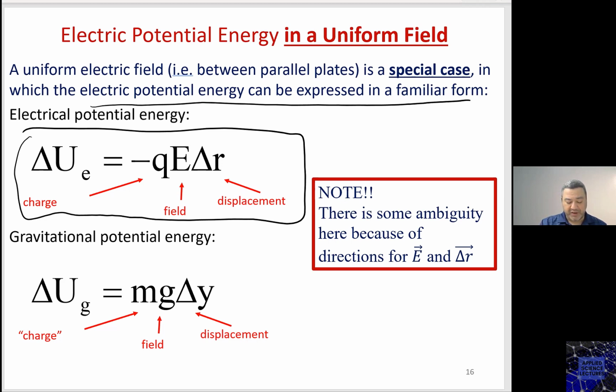Basically this is no different than what we have seen in previous physics courses, where the difference in gravitational potential energy equals mg delta y.